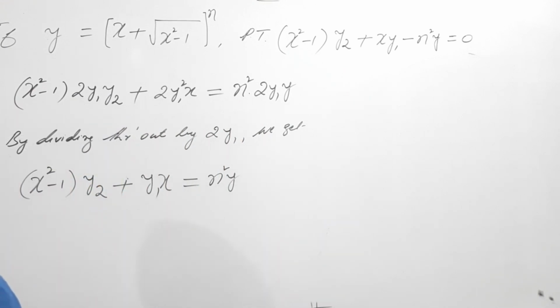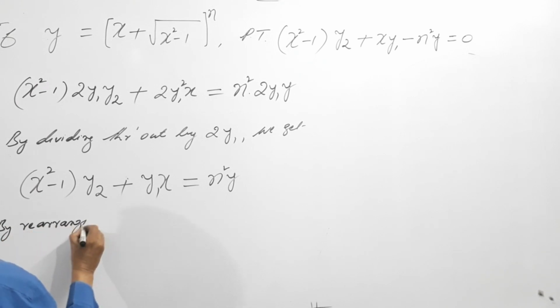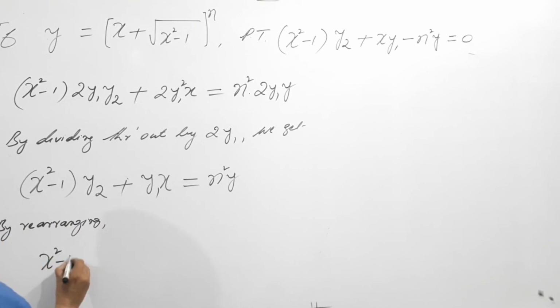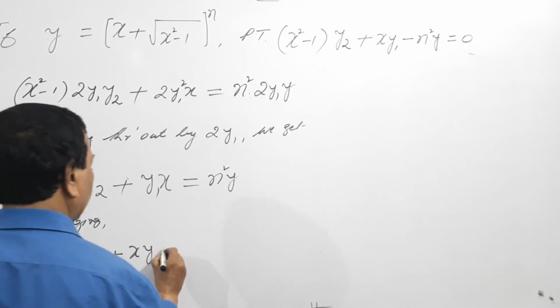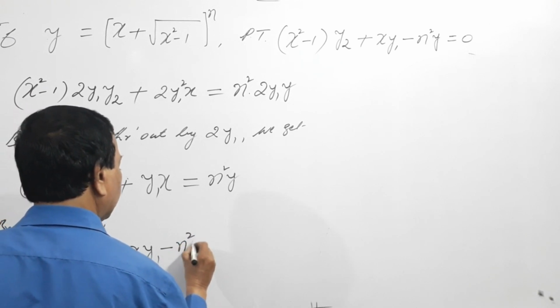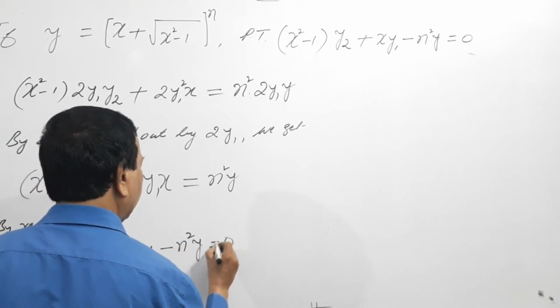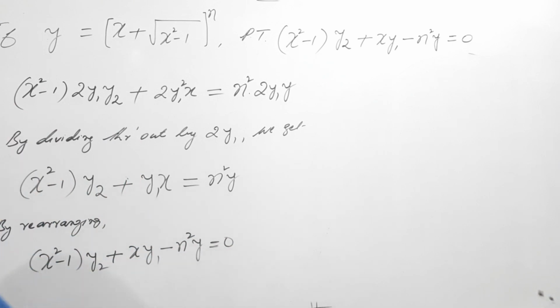So by rearranging, what happens here? x square minus 1 into y2 plus x y1 minus n square y equals 0.